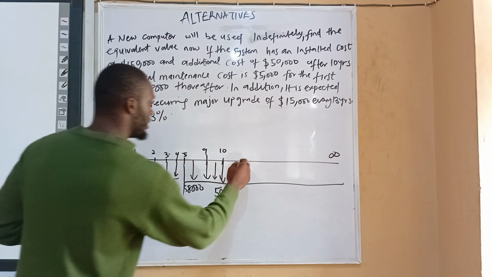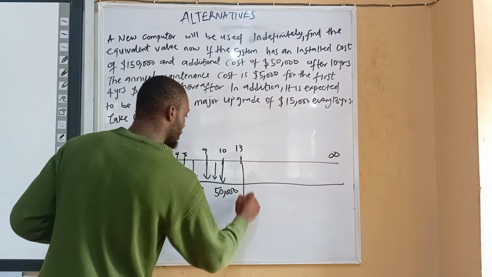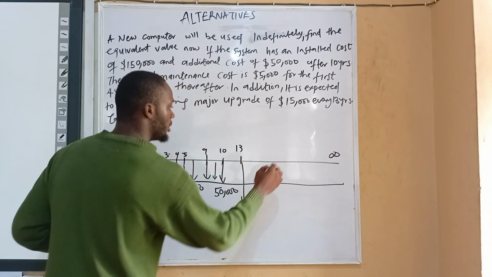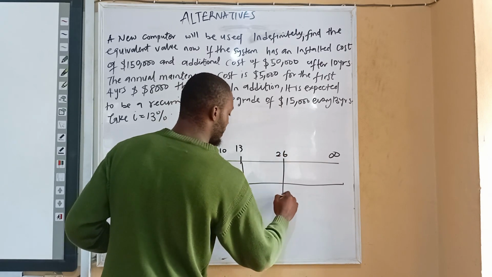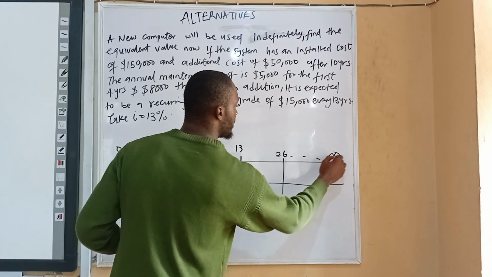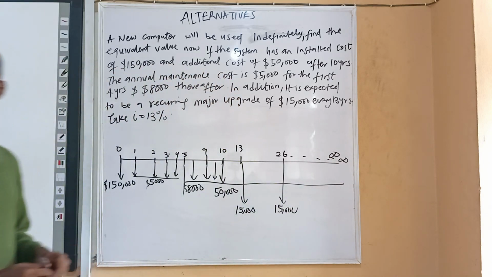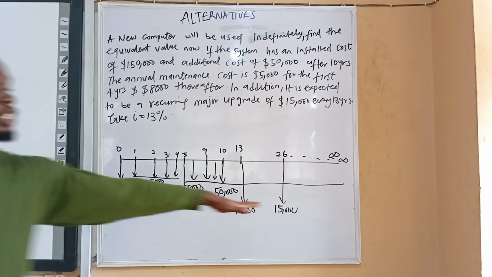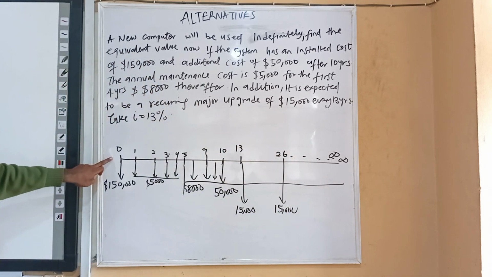So at 13 years you spend 15,000, then again at 26, then 39, till infinity. So you want to find the equivalent value now. You bring all this money to 0.